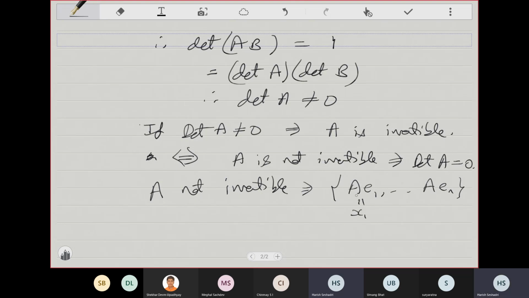From the linear transformation point of view, it's A acting on E1, etc. From the matrix point of view, AE1 is just the column vector X1, and this is the column vector Xn of the matrix A.